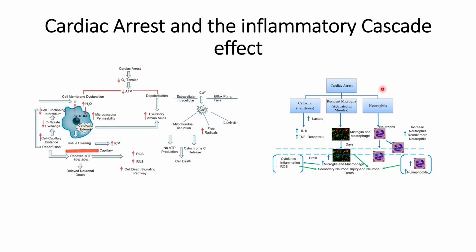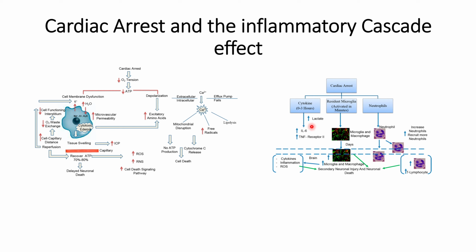Let us understand the cardiac arrest effect on the brain. So when the cardiac arrest is observed, the brain starts to release cytokines to take care of these disruptions or sudden changes. This happens within the first 3 hours.